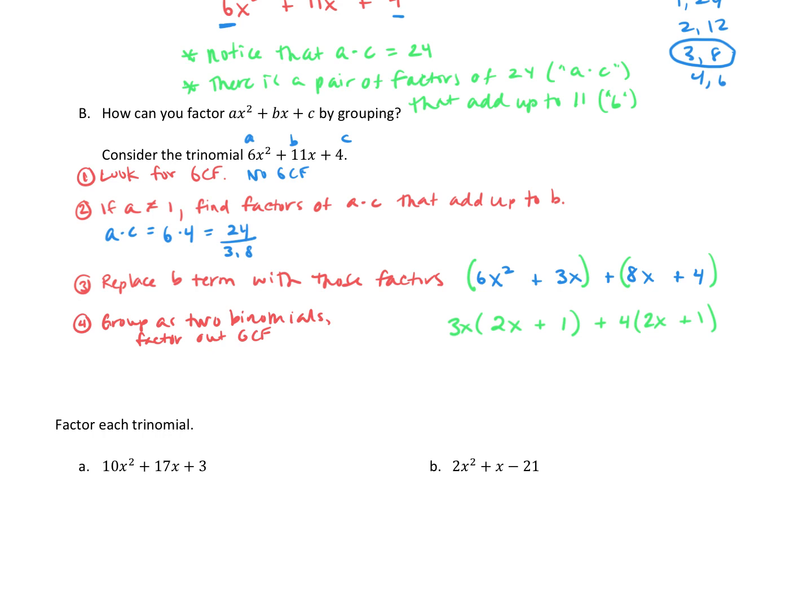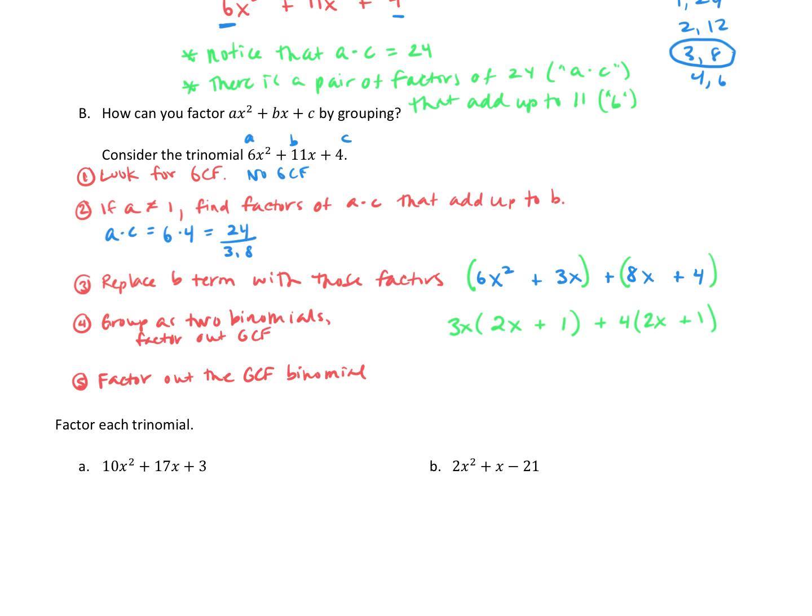All right, step 5. Factor out the GCF binomial. So what that means, if you look at, we've got this plus this. Do you notice that they both have this binomial 2x plus 1 in common?